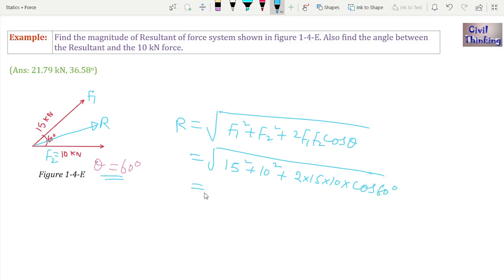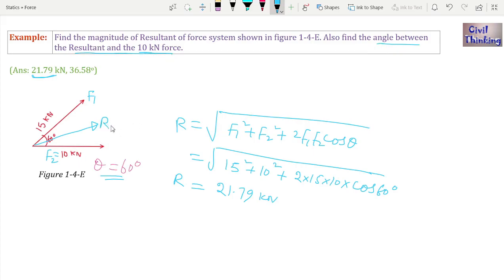So let me use a calculator. 21.79, it is kilonewton, right? So of course it will be in kilonewton too. So we get the magnitude of the resultant to be 21.79 kilonewton.